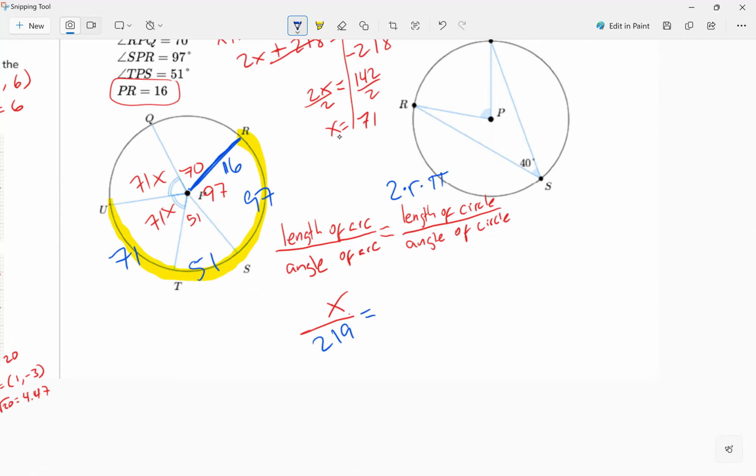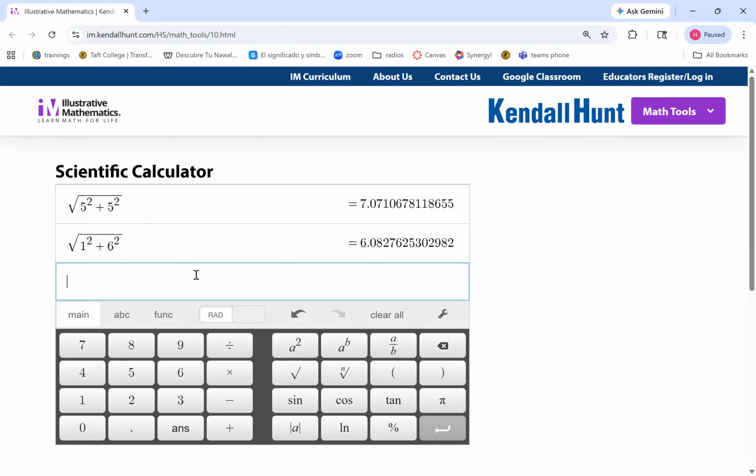So I'm gonna call this 32, well, 2 times 16 times pi. Now, one thing really quick. Let me share a calculator. Remember, I have to go 2 times 16 times pi.